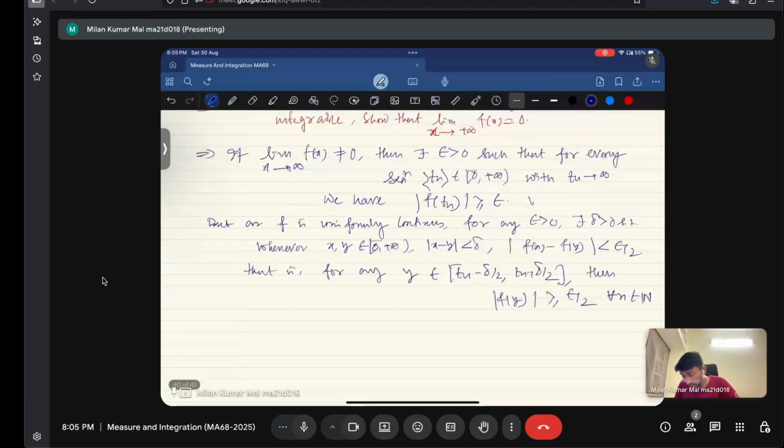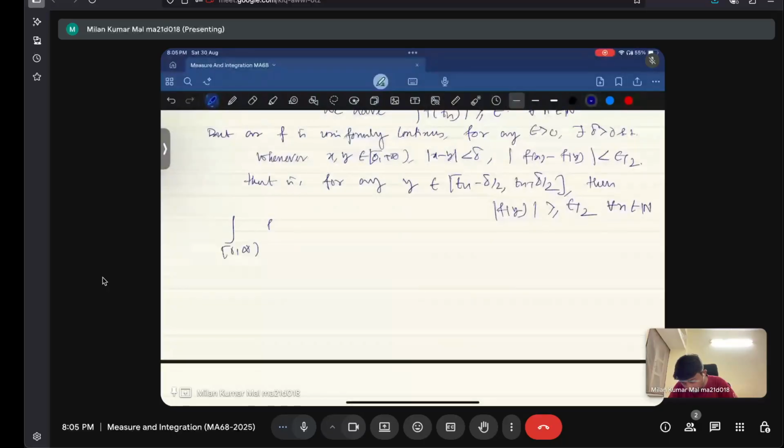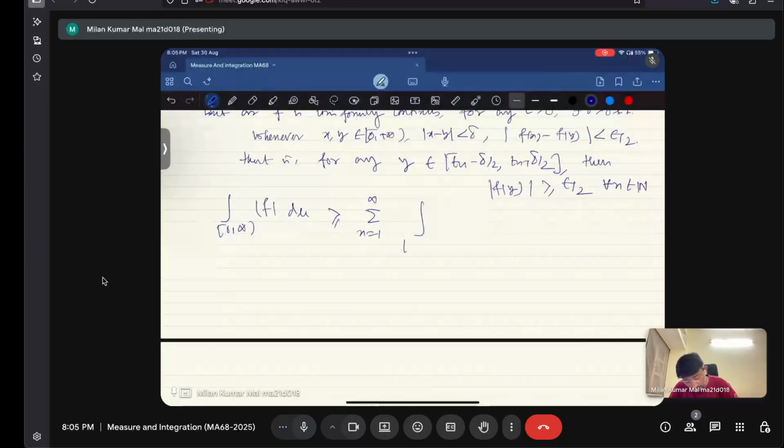Now the integration over 0 to infinity of mod f d mu must be greater than or equal to the sum over n equals 1 to infinity of the integral over the subsets Tn minus delta, Tn plus delta of mod f d mu.